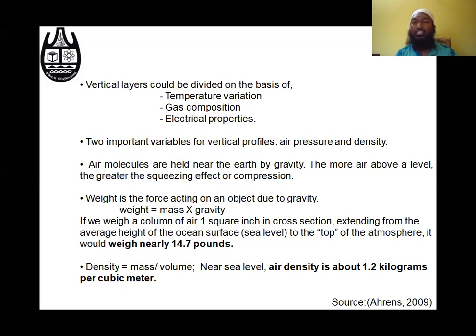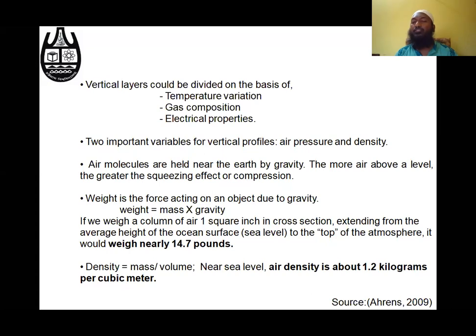Now the two important things are air pressure and density, and they are both related. If you have more density, then your pressure will be more, and if you have less density, then your pressure will be less. And depending on the density, the weight of a particular area can also change. That means the column of air, which starts from the top of the surface all through the atmosphere, has a weight, and that weight can change depending upon the position where you are now.